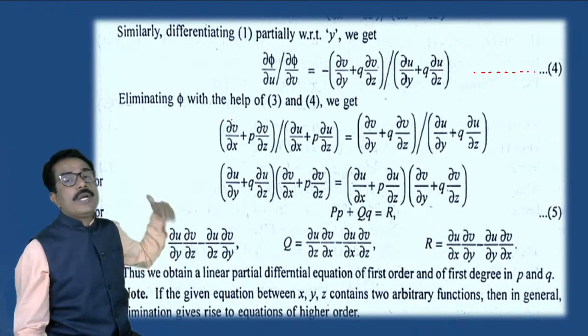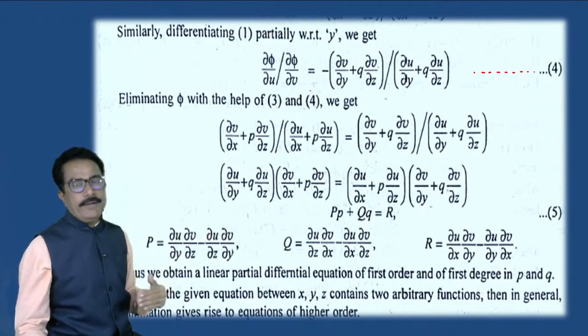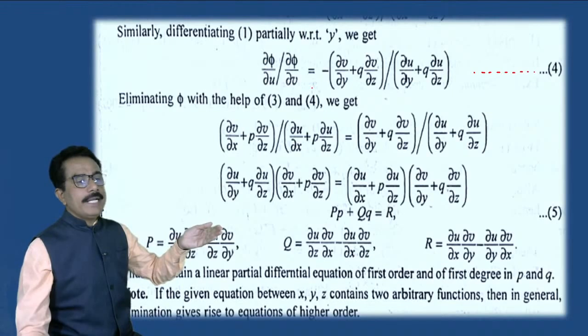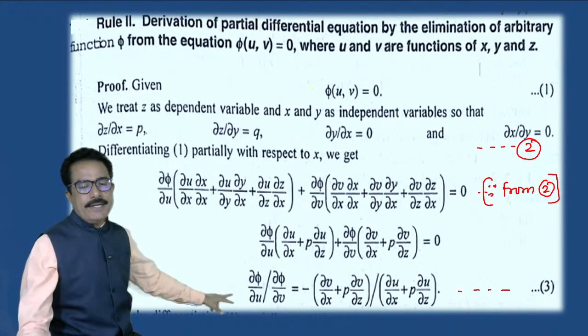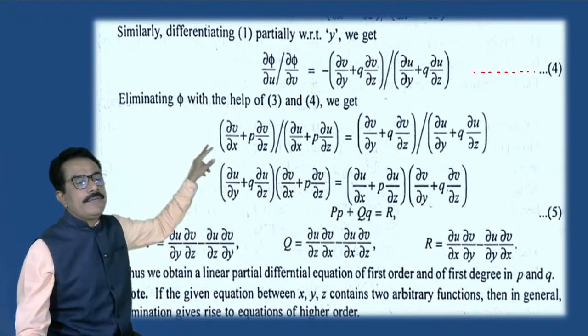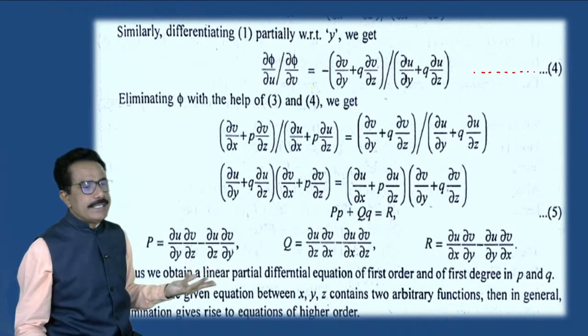Now we have to solve equation 3 and 4. We have to eliminate φ from equation 3 and 4. Observe that the left side of equation 3 and left side of equation 4 are same, so we can compare the right sides.